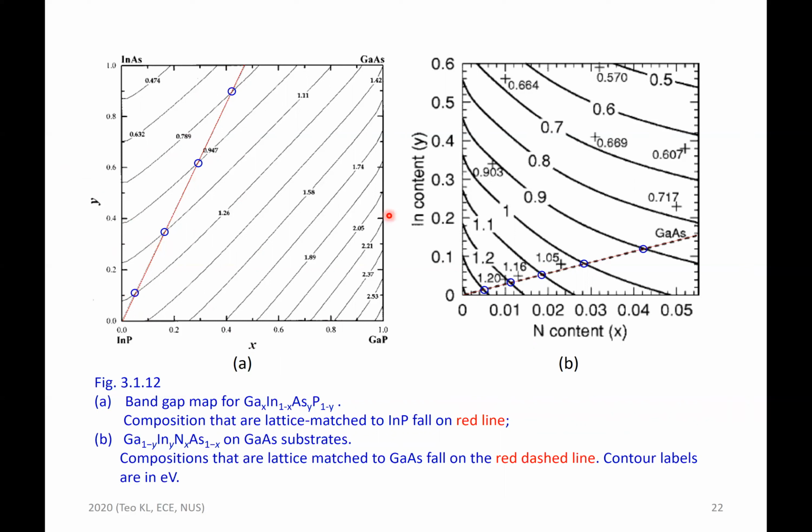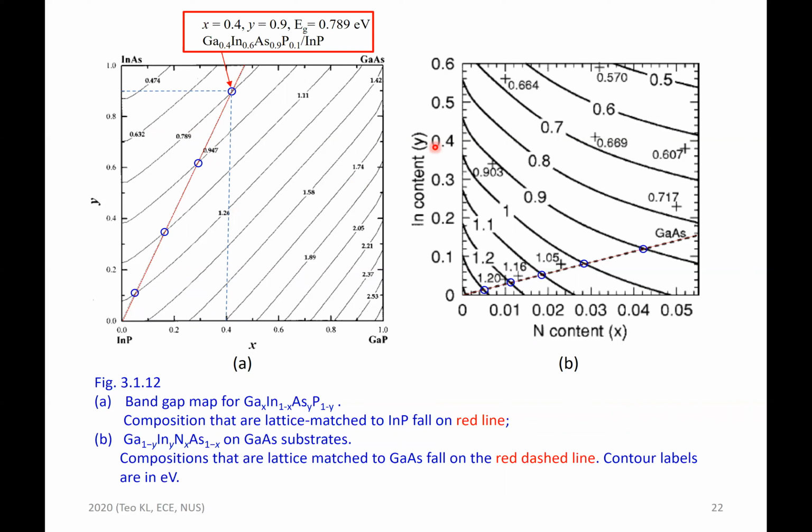So if you want to grow on an indium phosphide substrate with a band gap of 0.789 eV, this will be the intercept, and that gives you a composition of X 0.4 and a composition of about 0.9 for the Y composition.